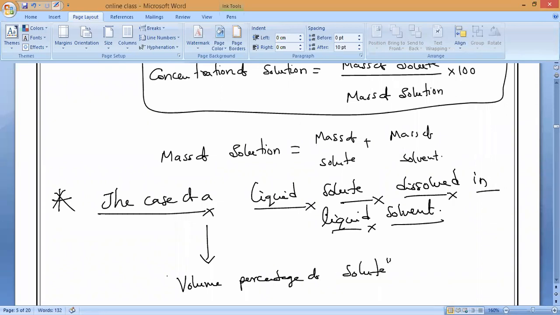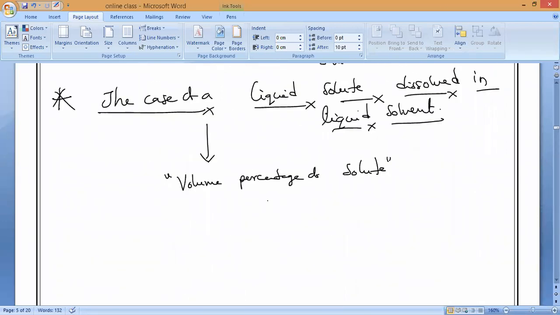That means we can measure in the form of volume instead of mass. In determining the concentration of a solution, we consider how much solute is present in the given solution in the form of volume, not mass. That is called volume based percentage.